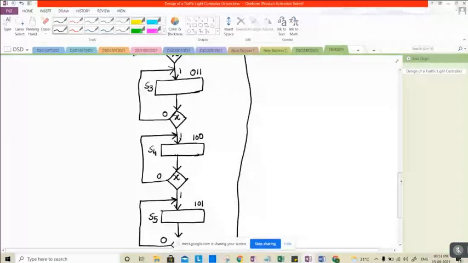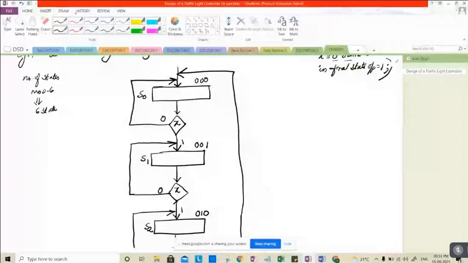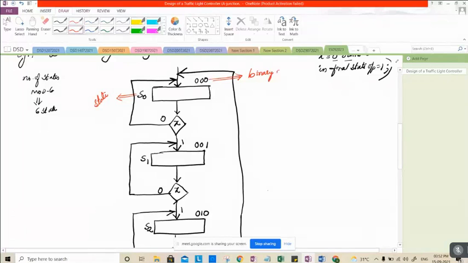Right, now in this, a few observations are: this is nothing but the state, and this is nothing but the binary representation of state. Then what about this?